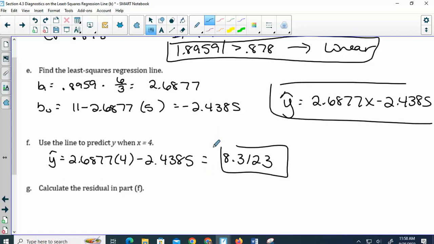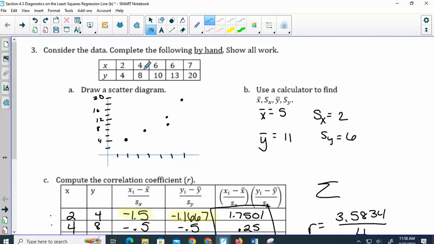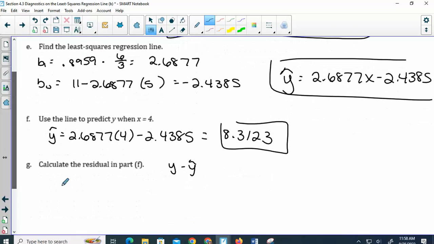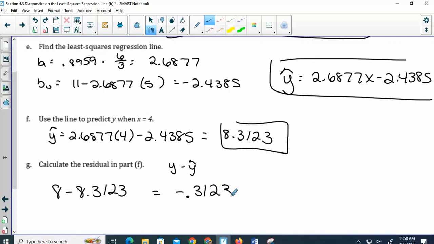It's right there. It's observed y minus predicted y, or it tells you y minus y hat. We're looking at when x is 4. So if you go back to the original data, when x is 4, the actual y value was 8, minus the y hat, our predicted when x was 4, 8.3123. So we get a negative 0.3123. So that's how far off our prediction was from the true value.